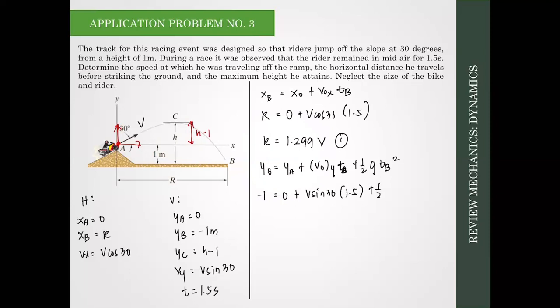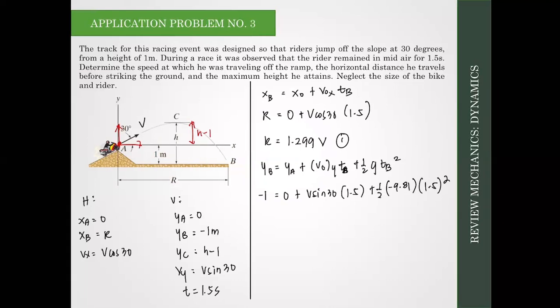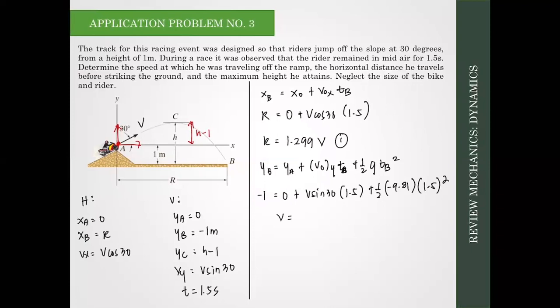And then this is metric tayo. So negative 9.81 times 1.5 squared. So unknown na lang natin ay si V. No? So may makukuha tayong value ng velocity. So pag kinalculate natin, negative 1 minus 0.5 minus 9.81, 0.5 squared divided by sine 30 times 1.5. That is 13.382 meter per second.